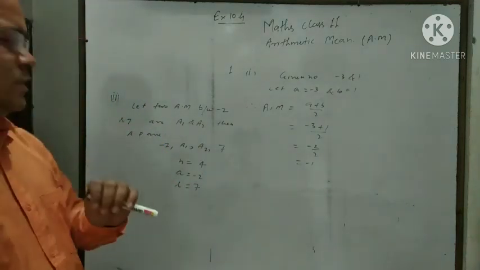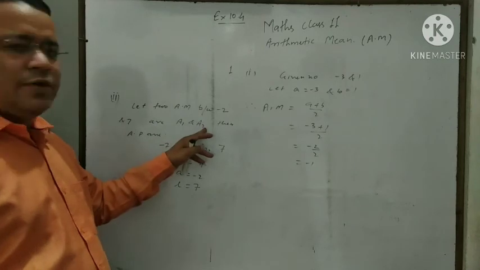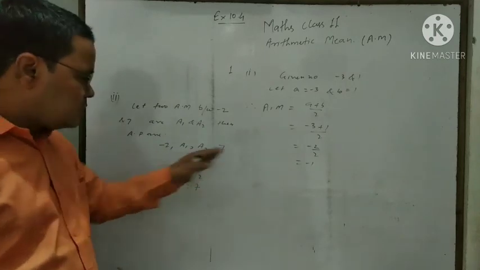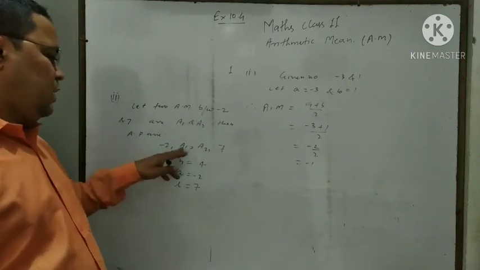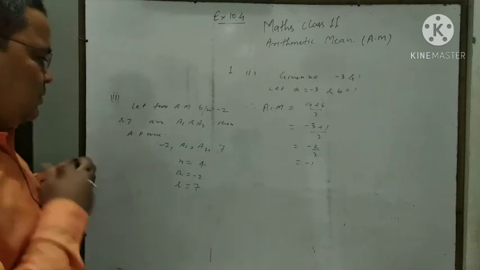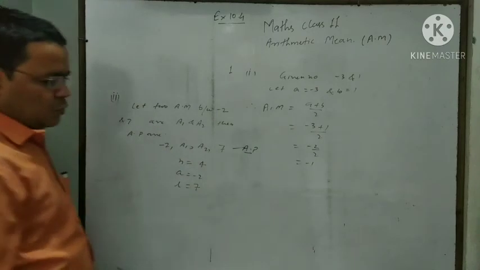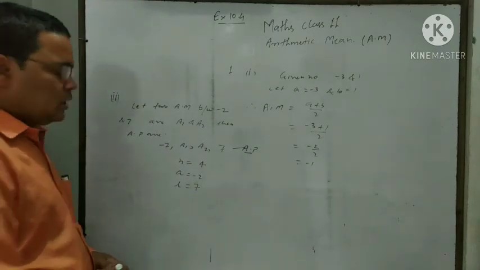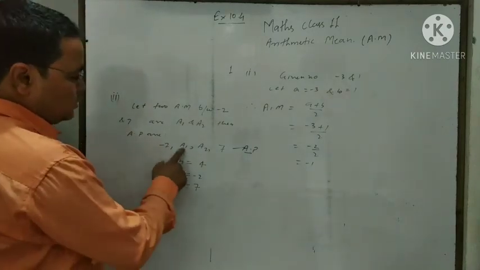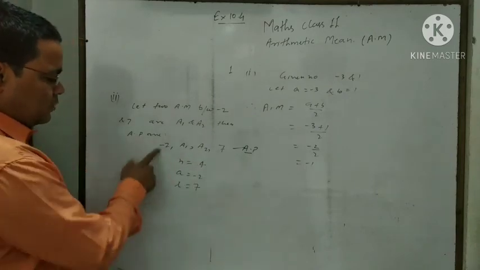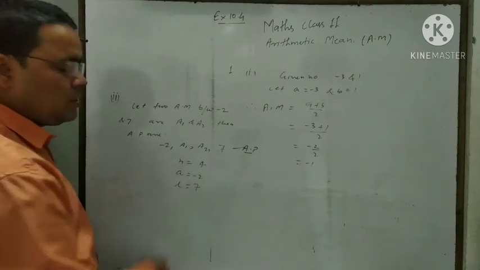If we consider a1 and a2, then the required sequence -2, a1, a2 and 7 will be in arithmetic progression.